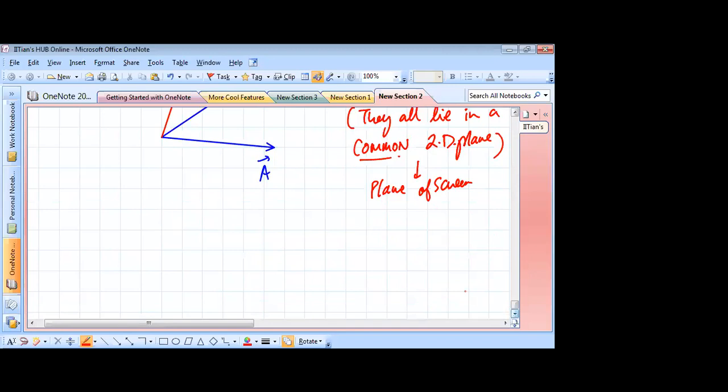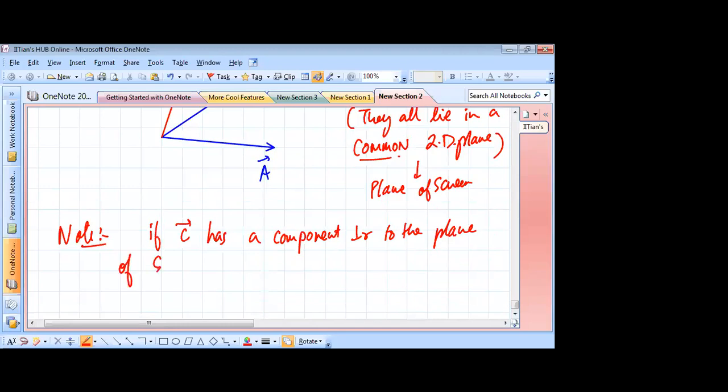So understand here that if C has a component perpendicular to the plane of the screen, then C will not be coplanar. It will not be coplanar to A and B. Okay.